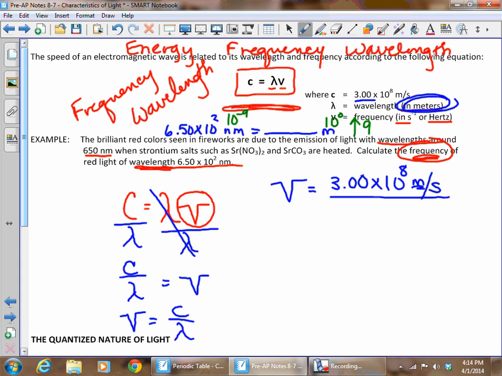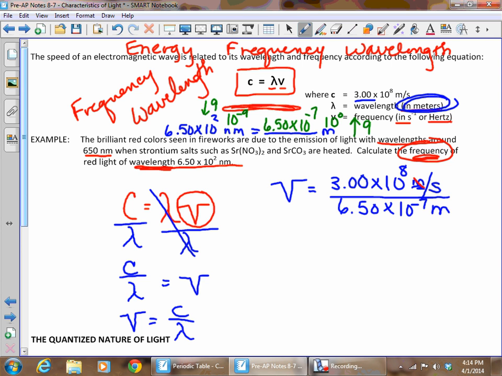So our number has to get smaller by 9 places. So we end up with a value of 6.50 times 10 to the 2 minus 9. 2 smaller by 9 is -7. So that's our value for our wavelength. So once again, our wavelength is 6.50 times 10 to the negative 7th meters.